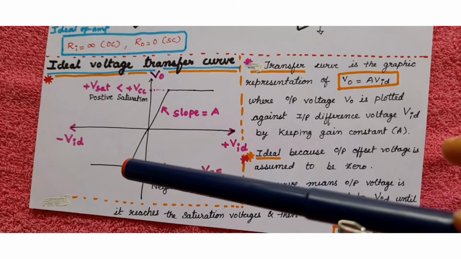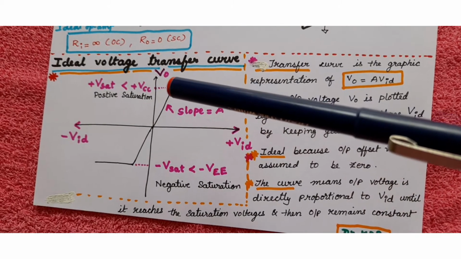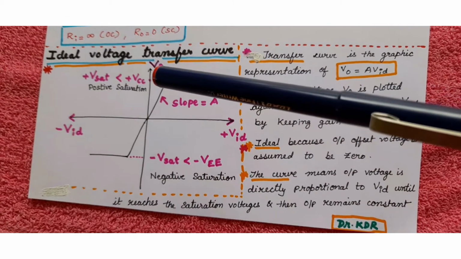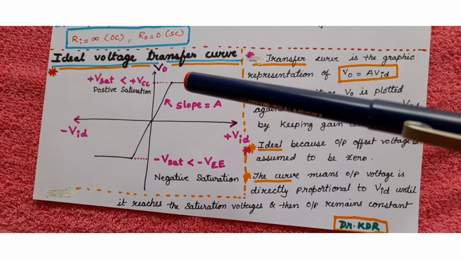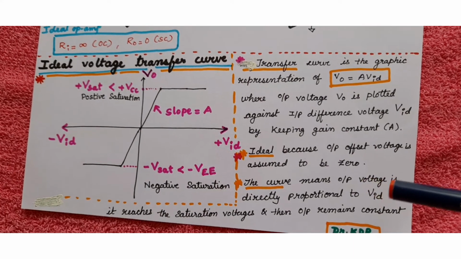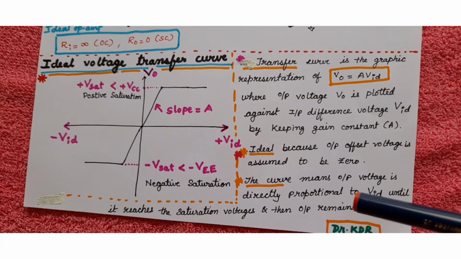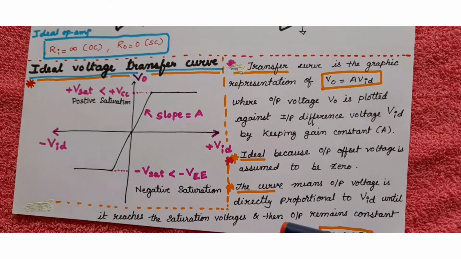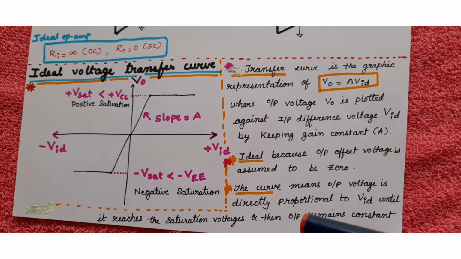So, V0 is directly proportional to VID until it reaches the saturation value, and then what happens? The output voltage becomes constant.